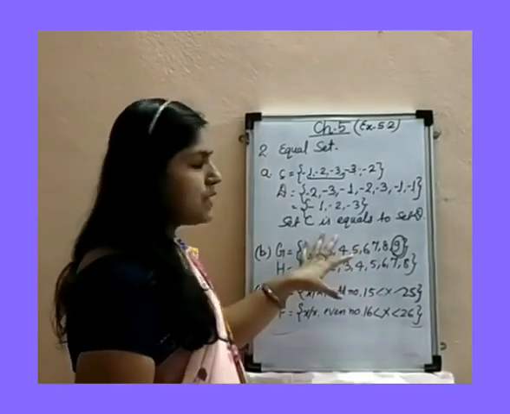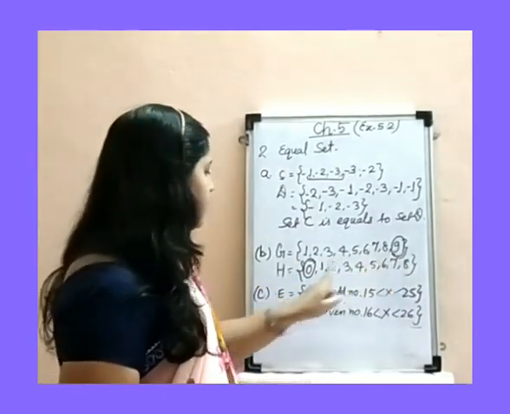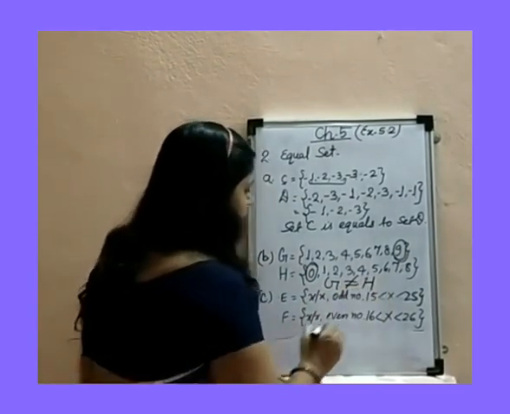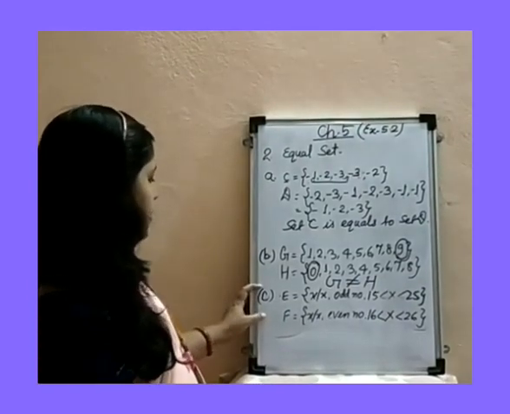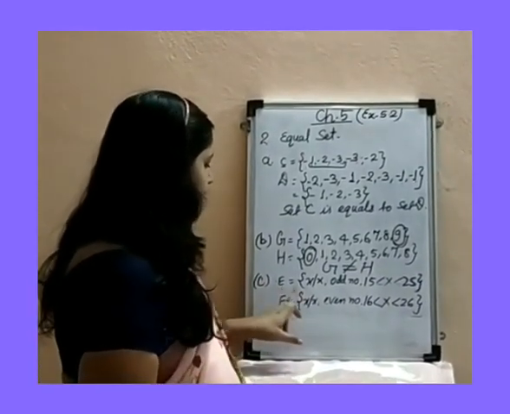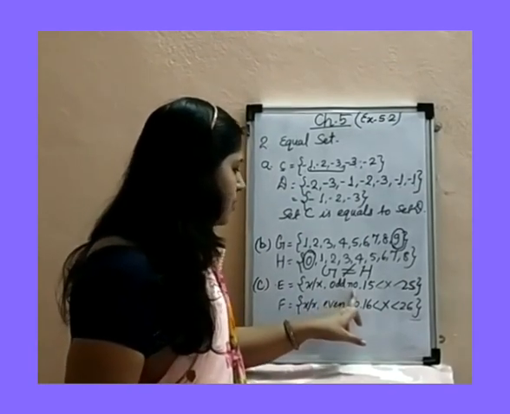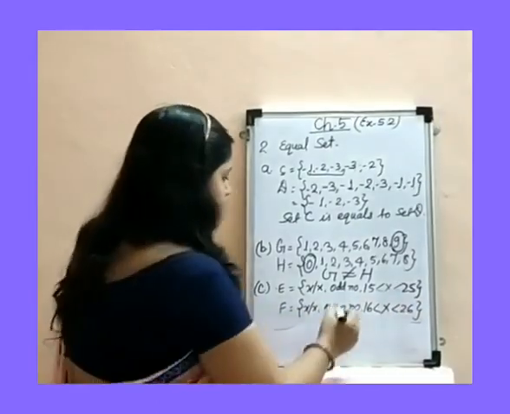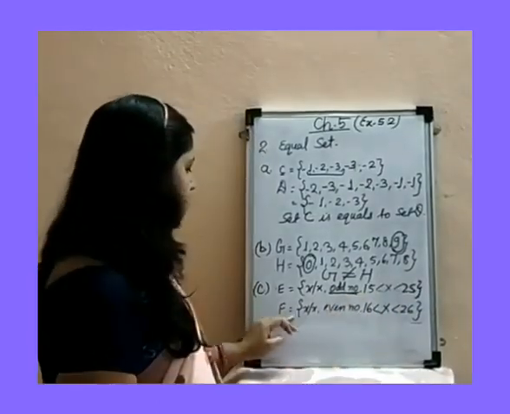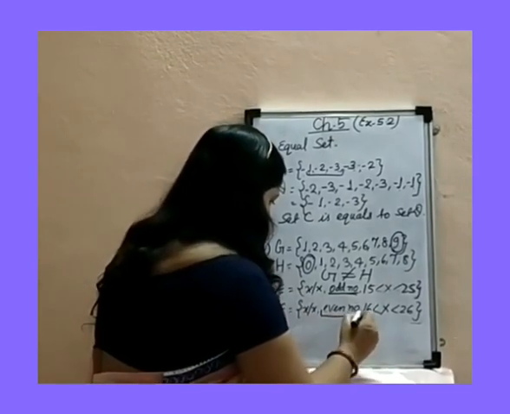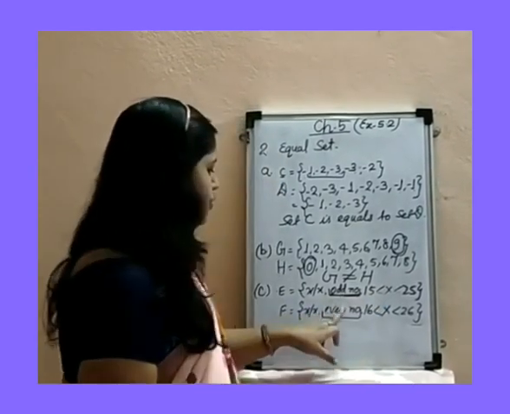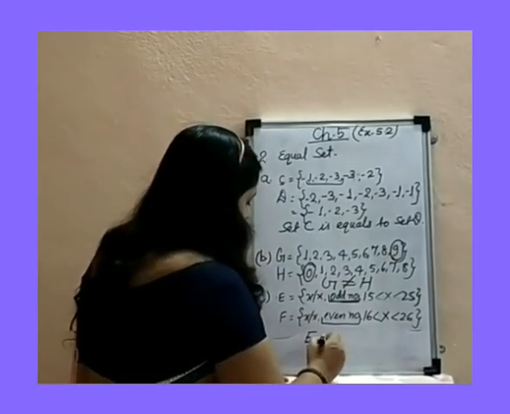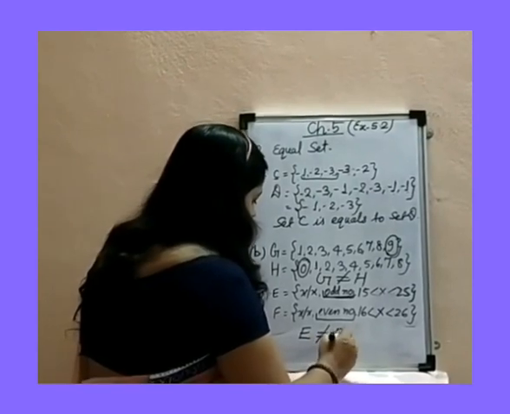The rest of the elements are the same, but 9 is not in H, 0 is not in G. So set G is not equal to set H. Now question number C. Set E is x such that x is an odd number, x is greater than 15 and smaller than 25. Here it is odd numbers, and F is even numbers. These two cannot match with each other. So set E is not equal to set F.